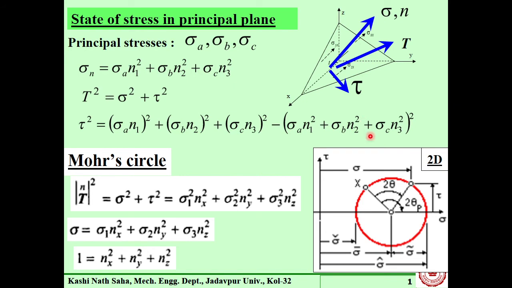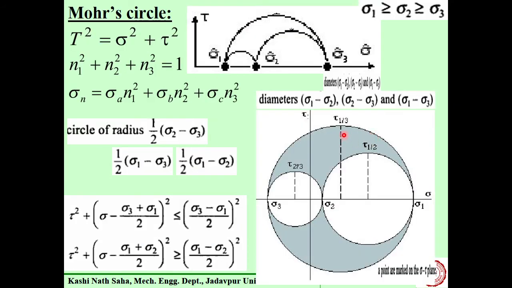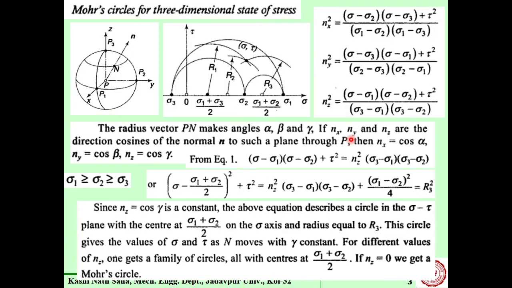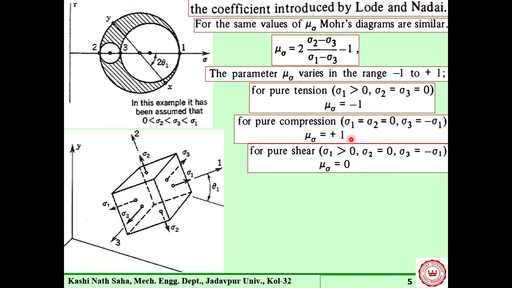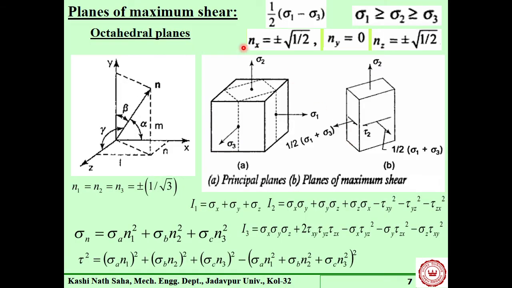But still we can find out the maximum magnitude of shear stress, and we can also find out the directions corresponding to this maximum shear stress. Those are the planes where maximum shear stresses are induced. Clear? So these planes are known as octahedral planes. These are the planes of maximum shear.